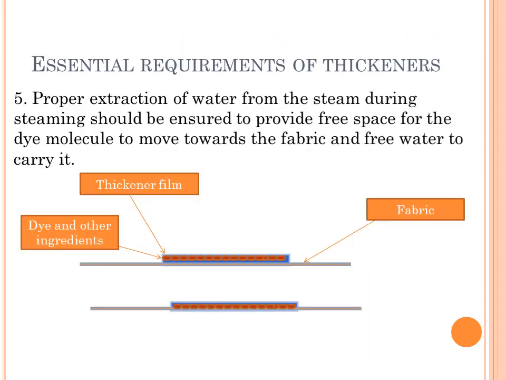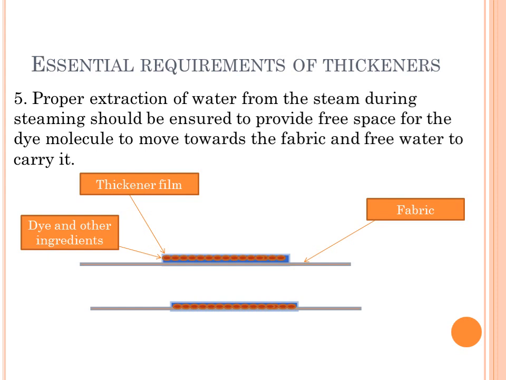The next essential requirement of a thickener is that proper extraction of water from the steam during steaming should be ensured, to provide free space for the dye molecules to move towards the fabric and free water to carry them. Here we can understand it with the help of an image. It has to extract a proper amount of water during steaming so that it provides free space for the dye molecules to move towards the fabric and free water to carry them.